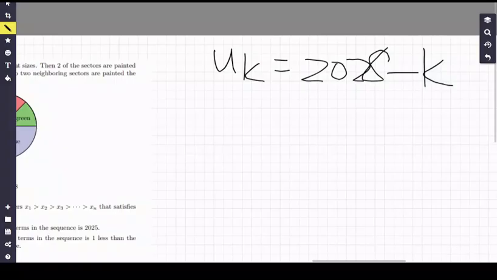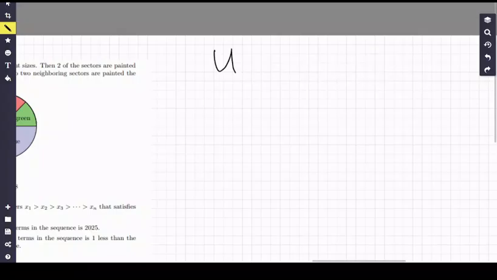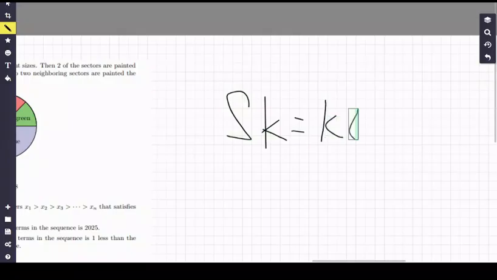And now I could plug it back in because we let u_k be equal to s_k over k, right? We can now actually figure this out. So the sum s_k is equal to k times (2028 minus k), which is 2028k minus k squared.